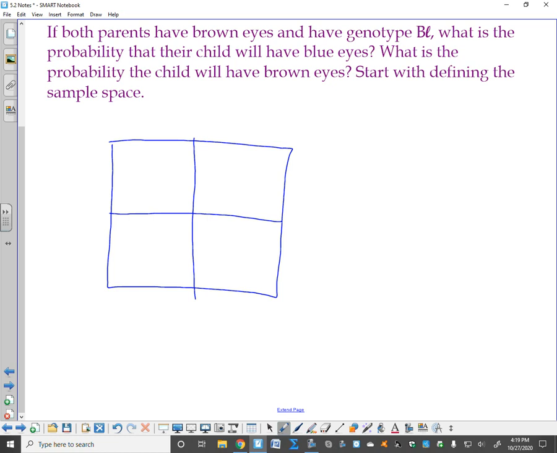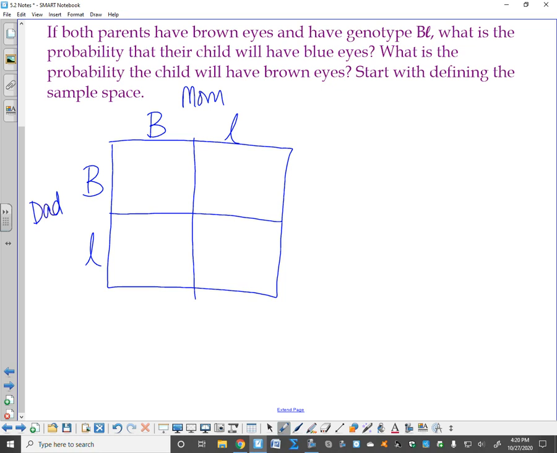But this is where you guys would tell me what it is. So here we go, we got the mom and we got the dad. Now, the mom and the dad both have brown eyes, but their brown eyes came from their genotype BL. So there's mom's genotype, and there's dad's genotype.